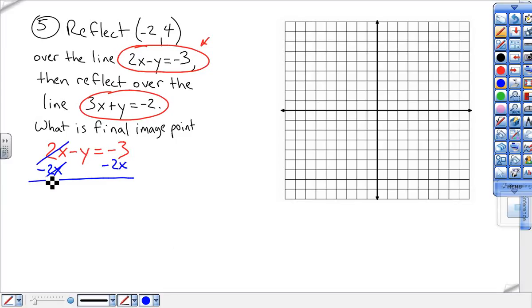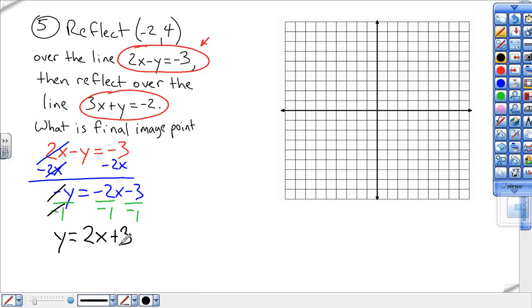I'm going to make sure I bring down -y. Now I need to divide everything by -1, and that makes my y positive, which I need it to be. It gives me y equals 2x plus 3.